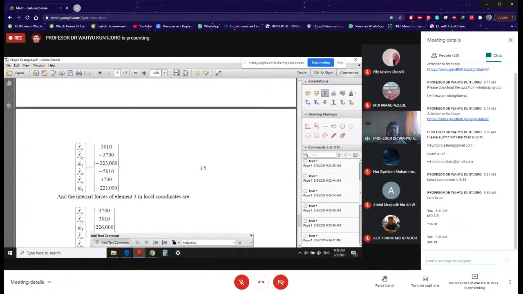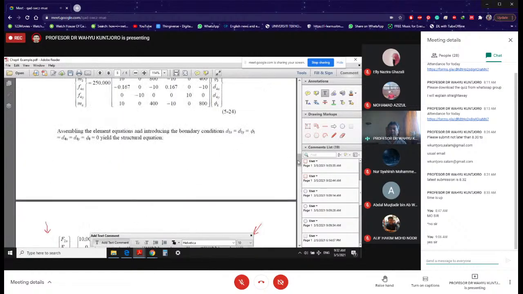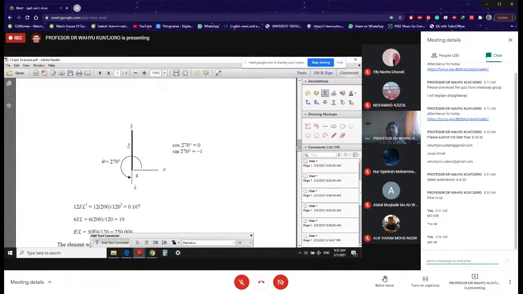And so, yeah, those are the example for frame. So later when you do your test number 1, okay, everything that you will do is going to be based on global coordinate, not on local coordinate, right?